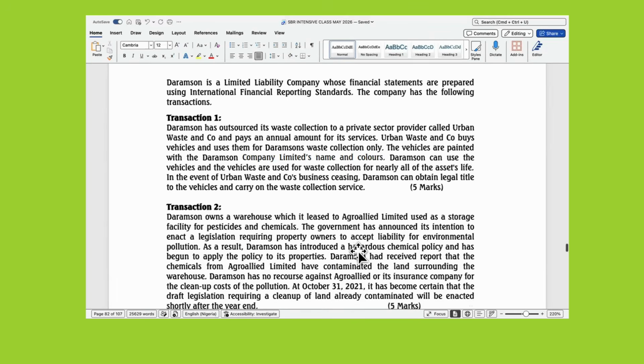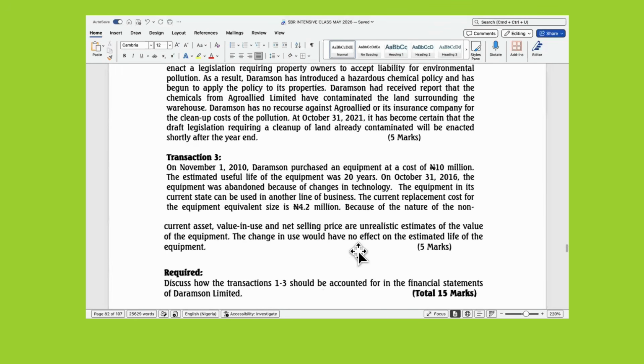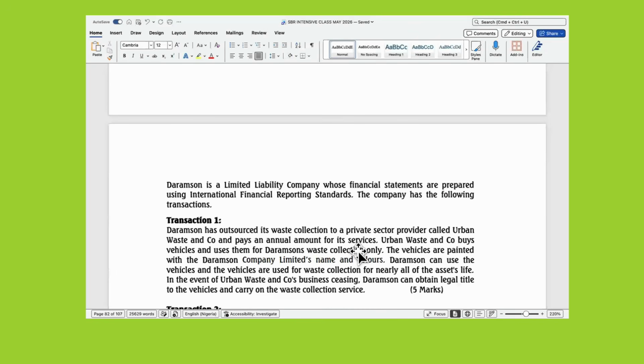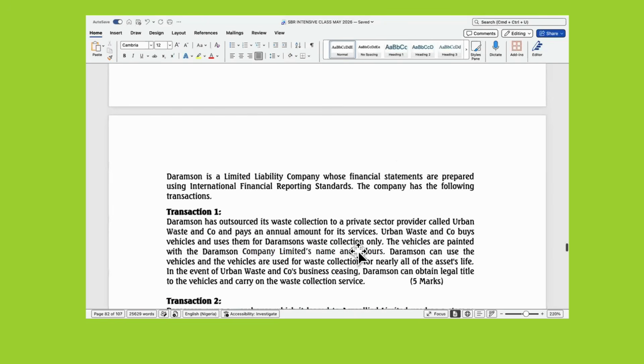Okay, let's do the transactions one at a time because they are separate transactions. So can anyone tell me how the Ramsey will account for this transaction? Look at it.